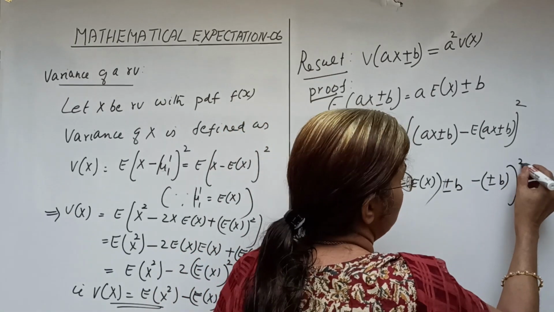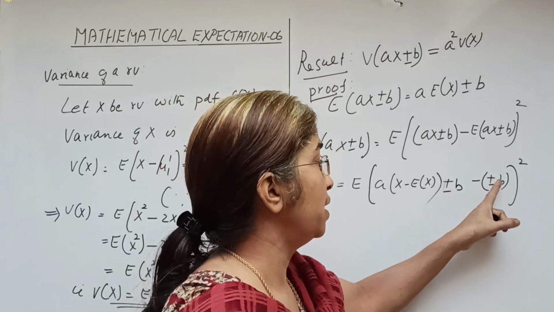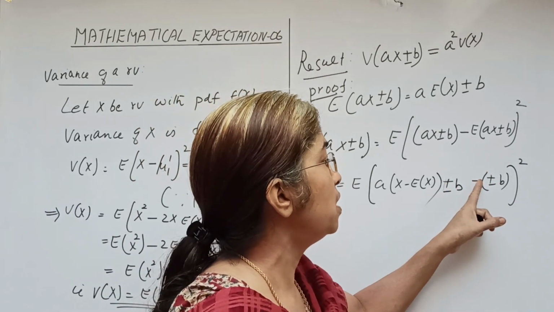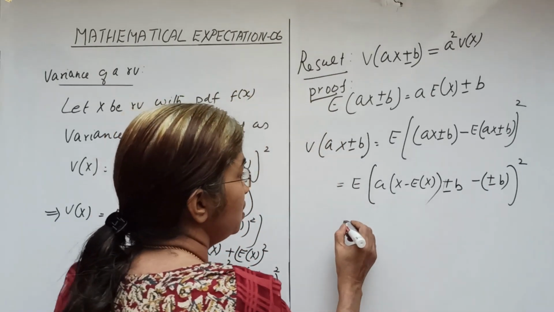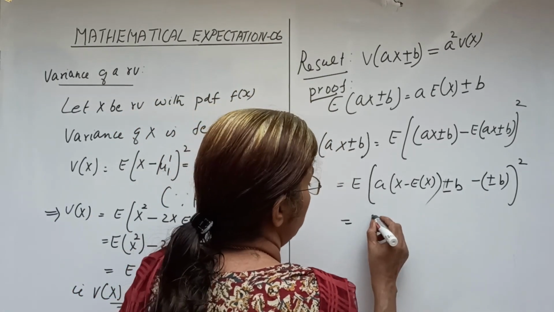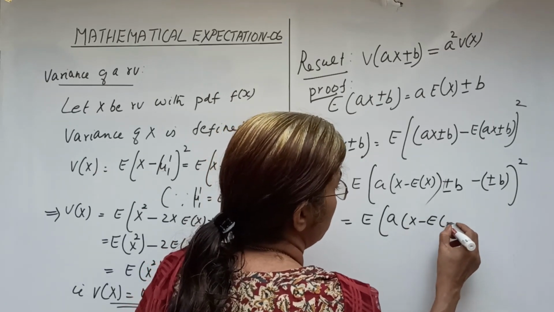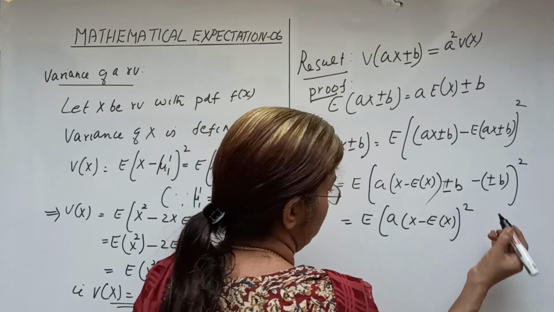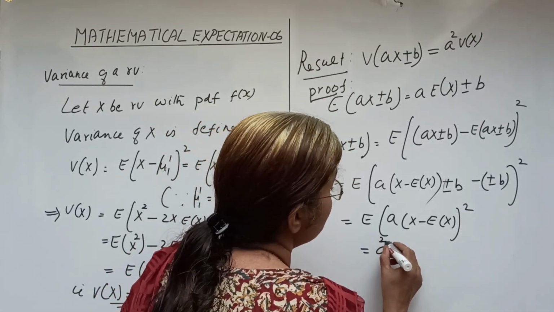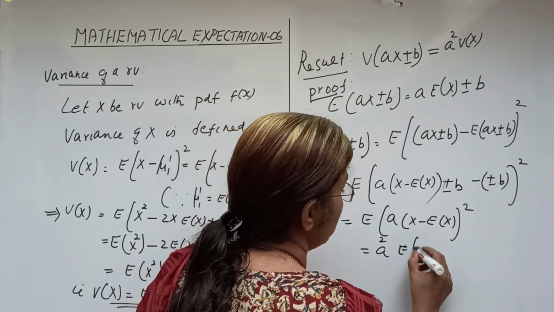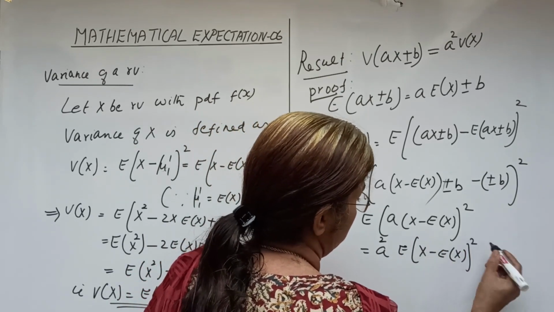As a whole square, if it is plus b minus b, or minus b plus b, the term b cancels. So this becomes expectation of (a into (X minus expectation of X)) the whole square, which can be written as a square into expectation of (X minus expectation of X) the whole square.